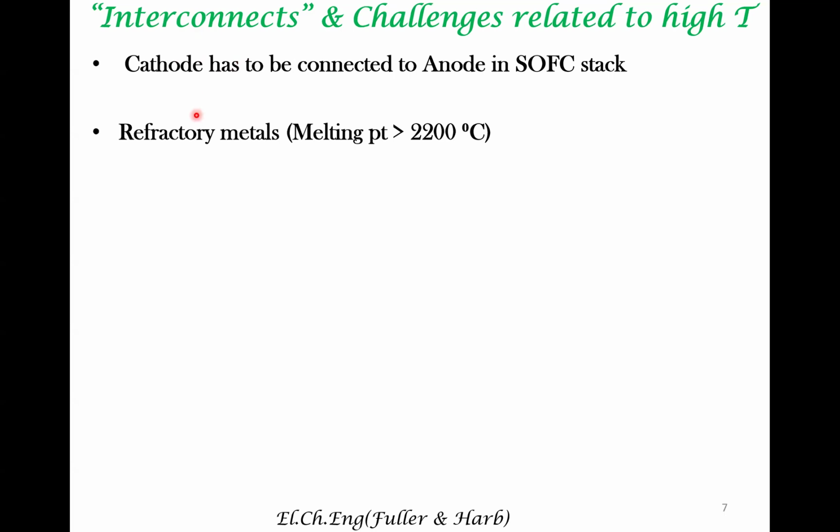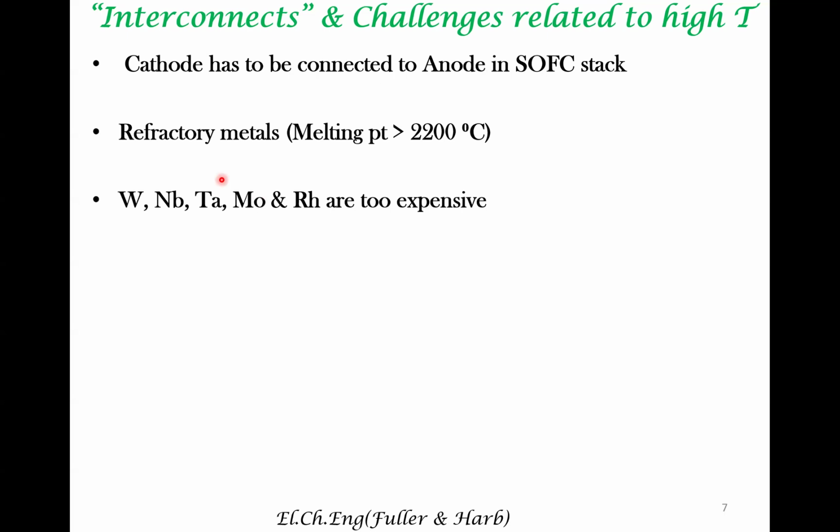So these metals which have melting points greater than 2200 degrees centigrade are referred to as refractory metals. The typical refractory metals, which are tungsten, niobium, tantalum, molybdenum, and rhenium, are fairly expensive materials, so it is not very practical to use them.